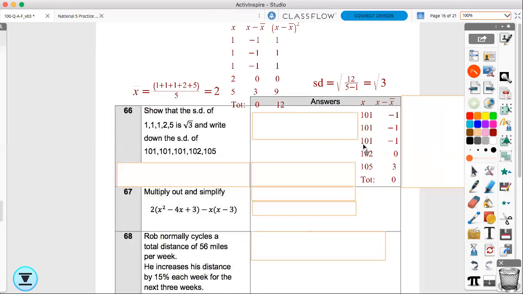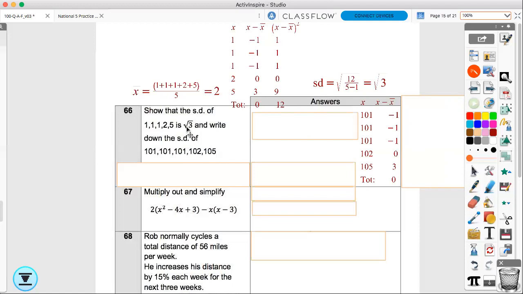So you've got 5 times 100. So instead of being 2, your mean this time is going to be 102. So when you're going to do the deviation x minus x bar, you're going to get exactly the same value for x minus x bar.